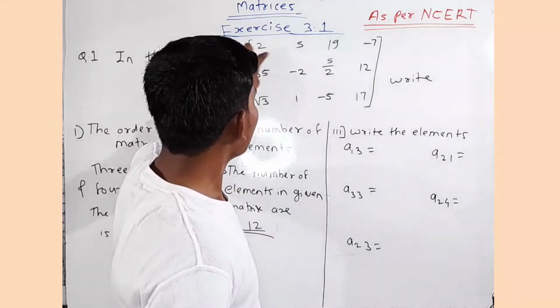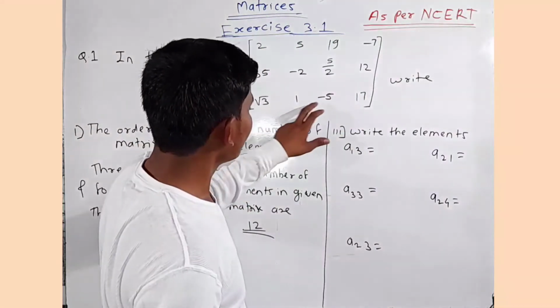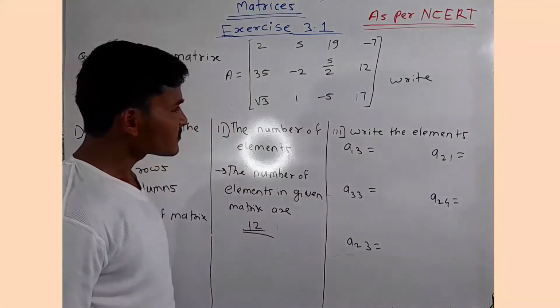We can count: 1, 2, 3, 4, 5, 6, 7, 8, 9, 10, 11 and 12.